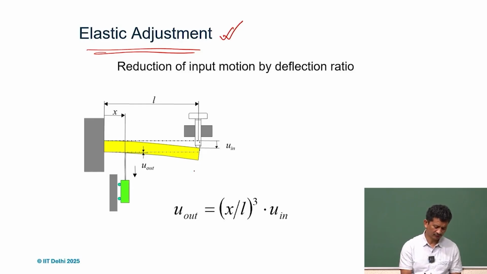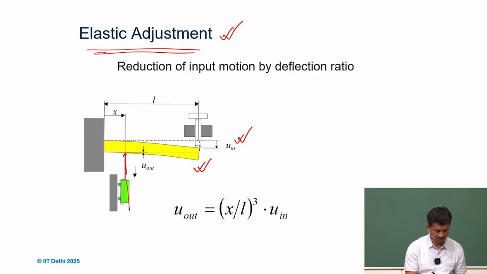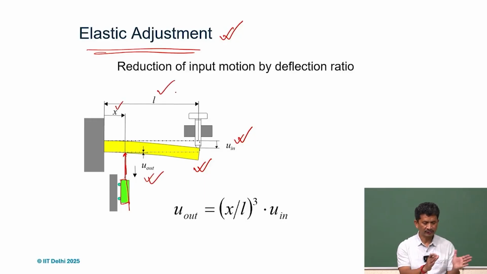So for instance, if we have this cantilever, and we are simply giving some input deflection, what will happen at x? If we have u in versus u out, and x and L, that is the ratio.